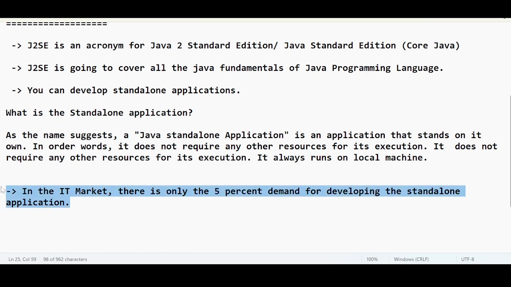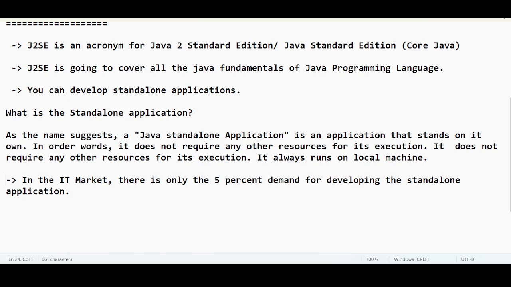Don't you think the chances of being lucky are low? Yes, there is no chance of doing some odd work if there are only 5%, because the Indian IT industry has a lot of competition, right? It's not the case, trust me, that is not the case. Even though there is only 5% demand for developing standalone applications, the dependencies are almost what?